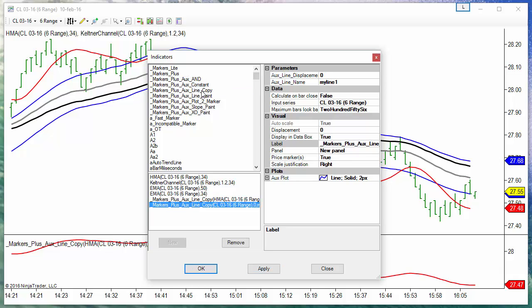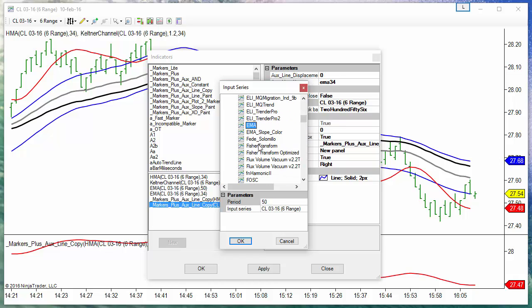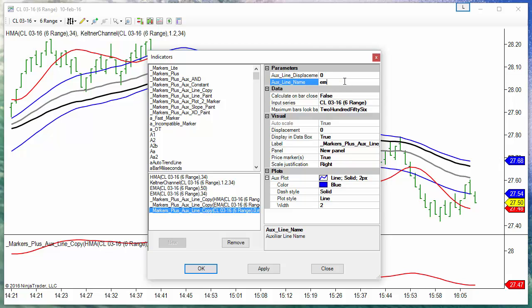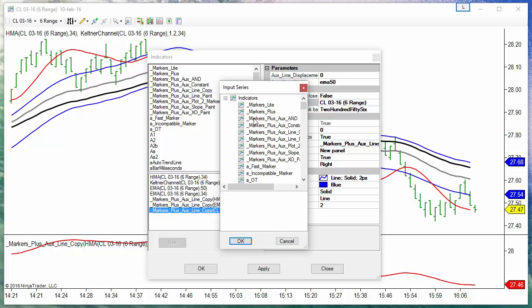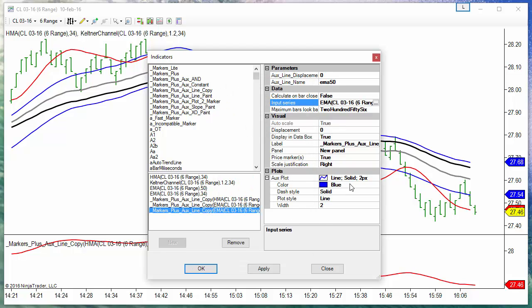I have to copy the EMA 34, in color gray, and the EMA 50, in black.